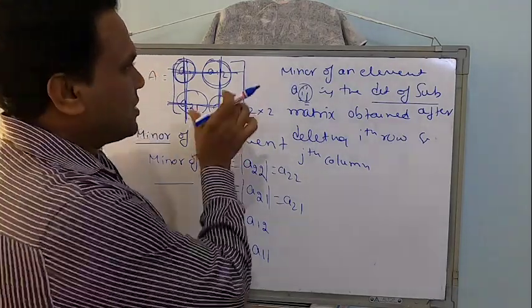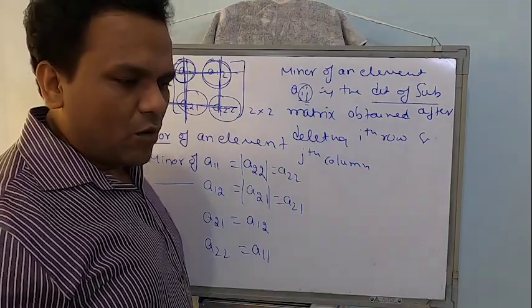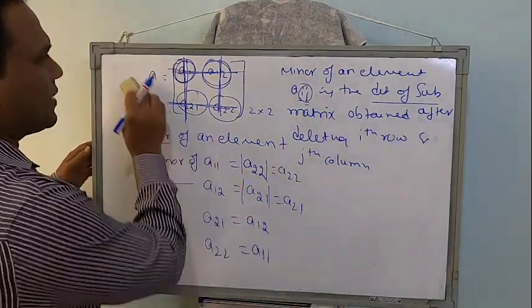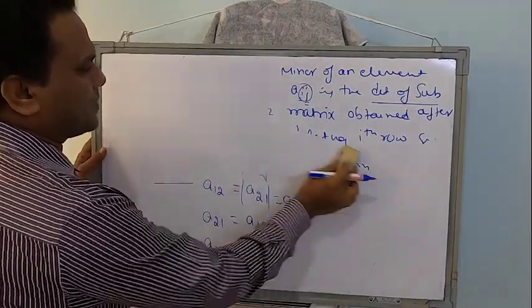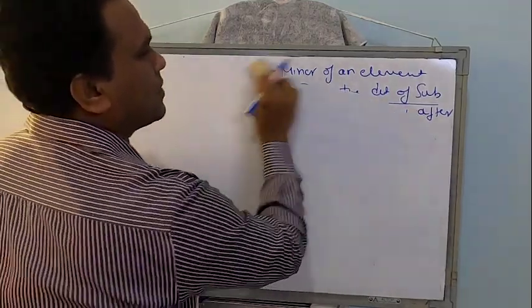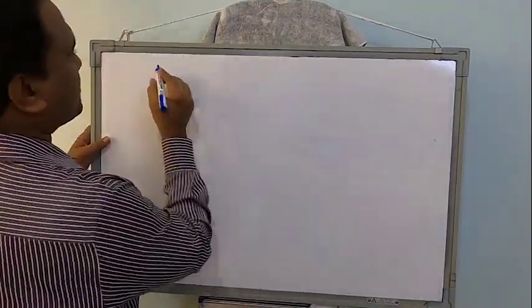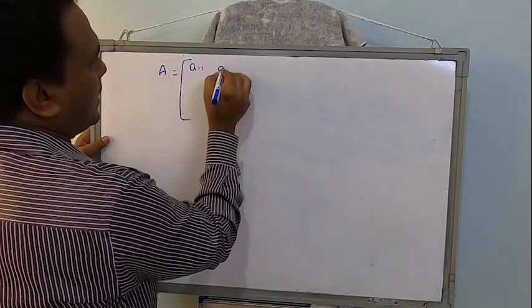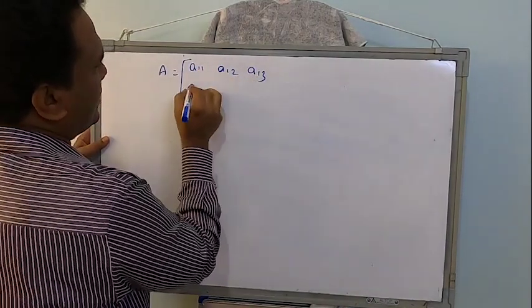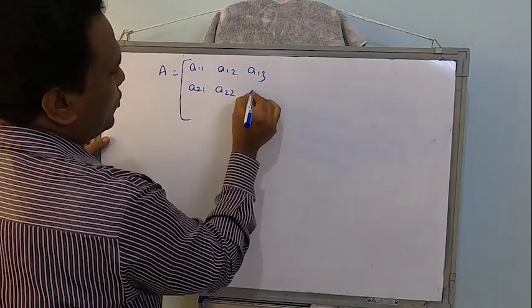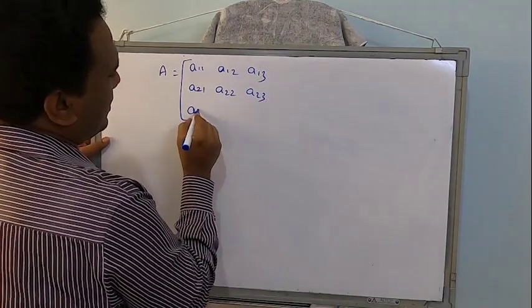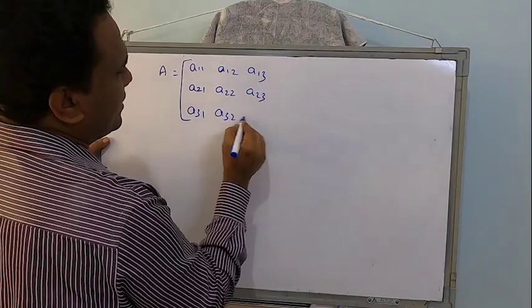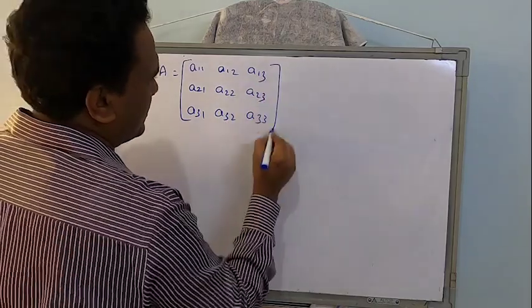I have given an explanation simply for a 2 cross 2. Now what if I start with a 3 cross 3? For example, A11, A12, A13, A21, A22, A23, A31, A32, A33.